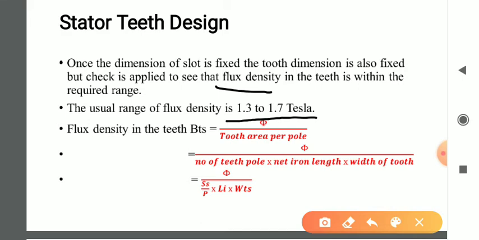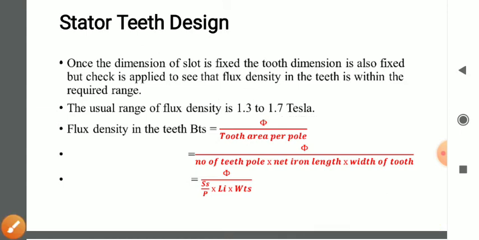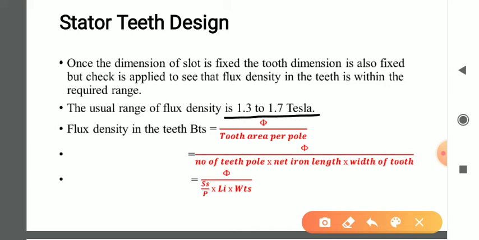If the flux density goes beyond this value for the calculated size of the slot, then the calculated size of the slot is wrong, or you cannot choose it. So whenever we decide the size of the slot, we need to check it with this value of the flux density.